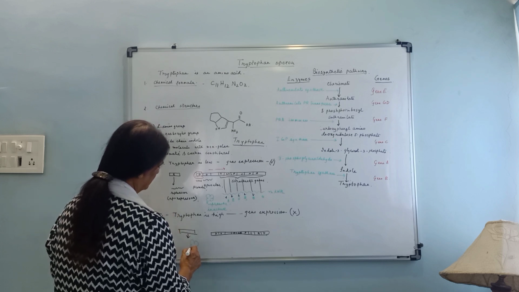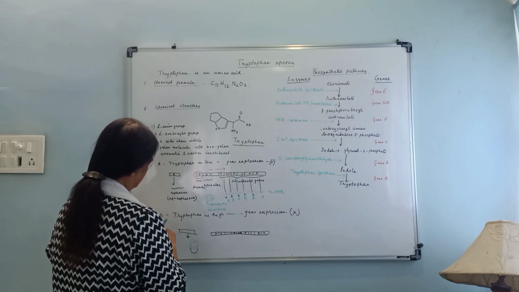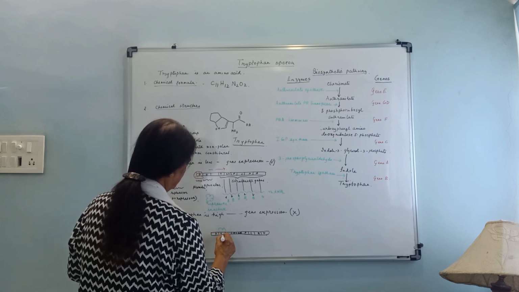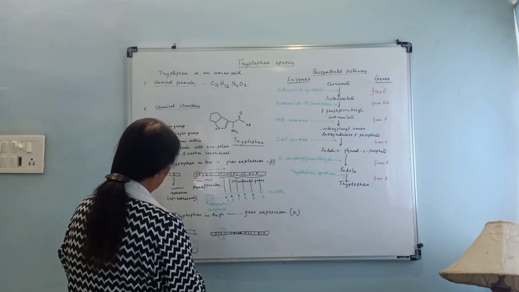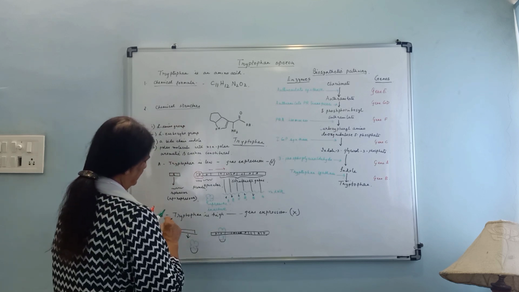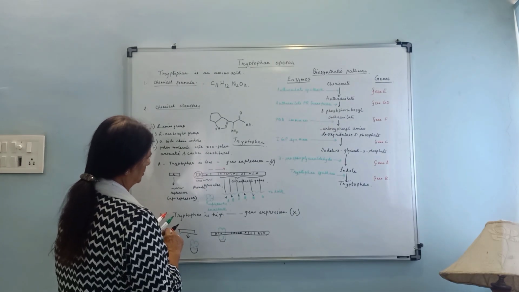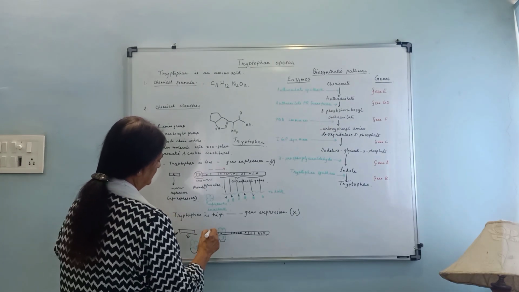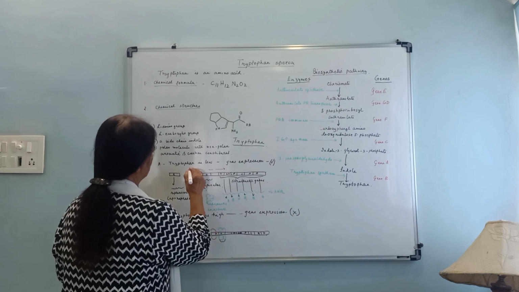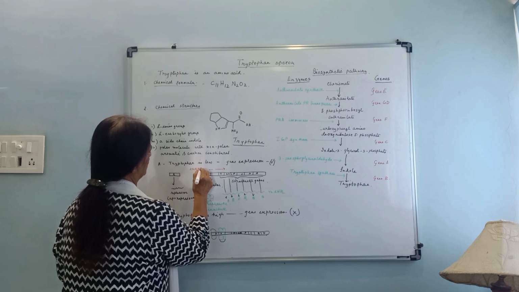The co-repressor, when it is attaching to this, the repressor becomes active. The repressor co-repressor complex is then attached to the operator, and it is impossible for the RNA polymerase to carry on the process of gene expression.